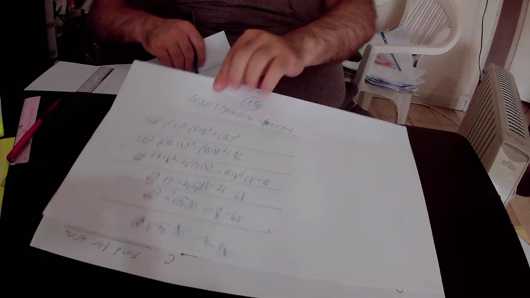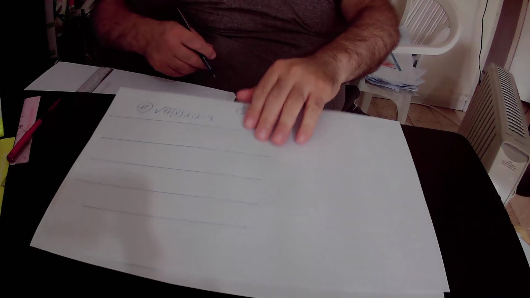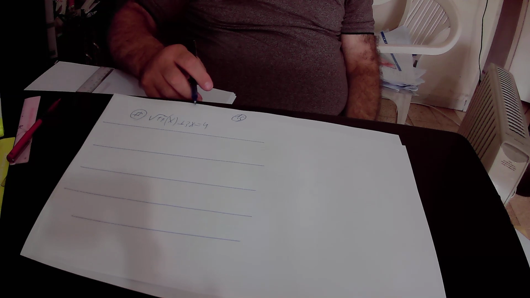So we got here that square root of 17x plus 3x equals 4.